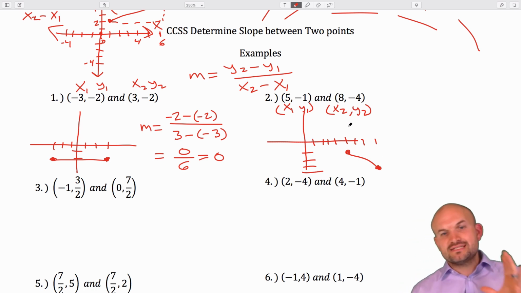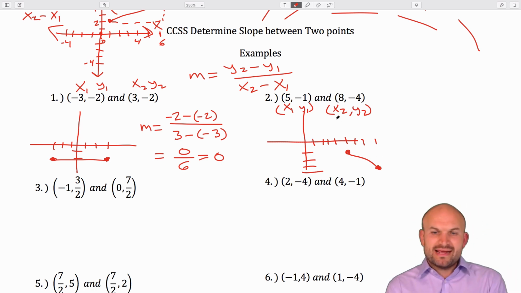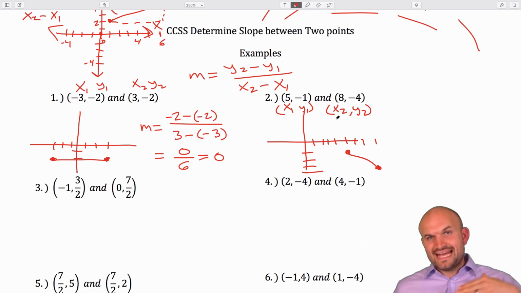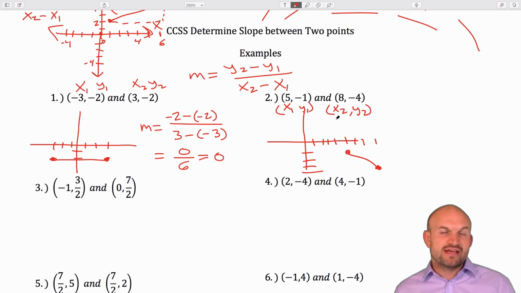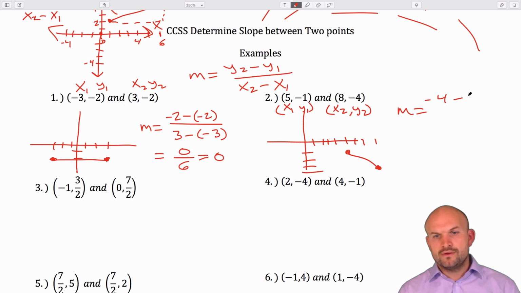So we recognize something as a positive slope as far as going up from left to right, and down from left to right as the slope being negative. So let's make sure when we do our slope, that's going to make sense. So we have y2, which is -4, minus a y1, again using parentheses here, over 8 minus 5.